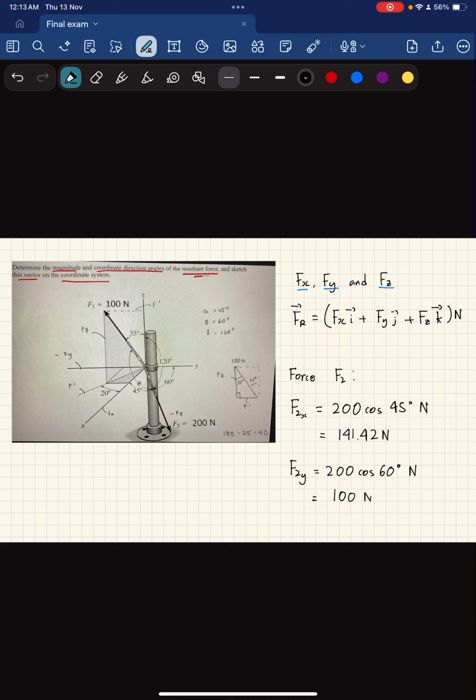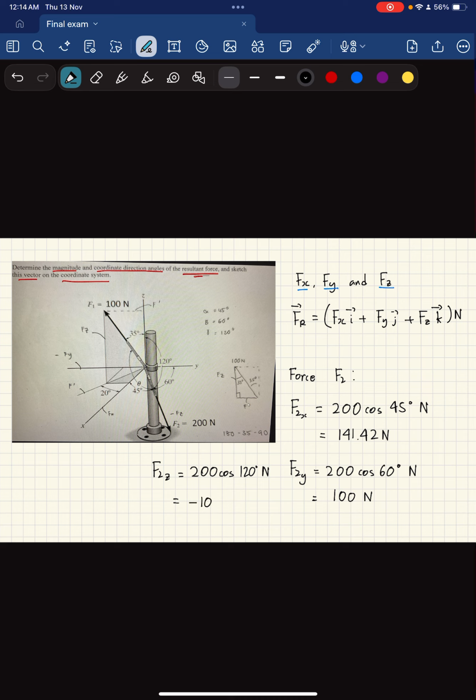And of course our F2 z component is just simply 200 cosine 120 Newton. As we do it, I think we should get, interesting, negative 100 Newton.